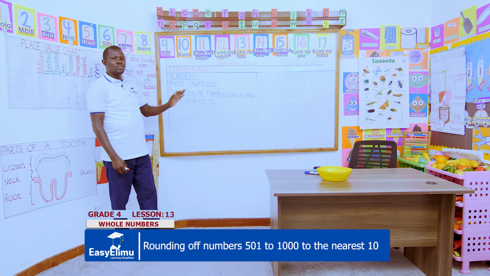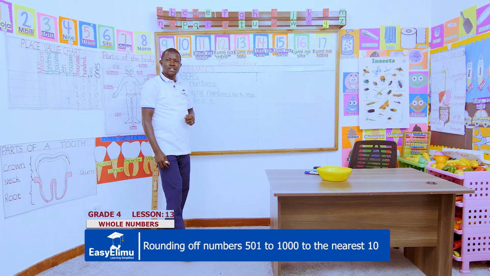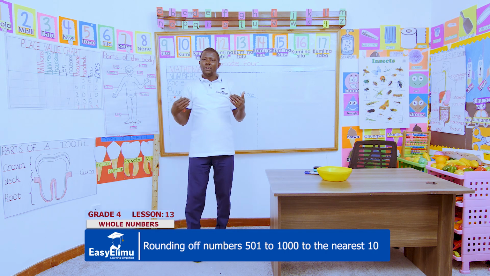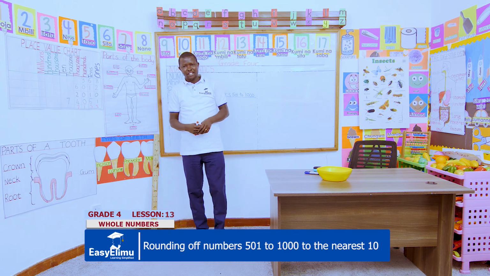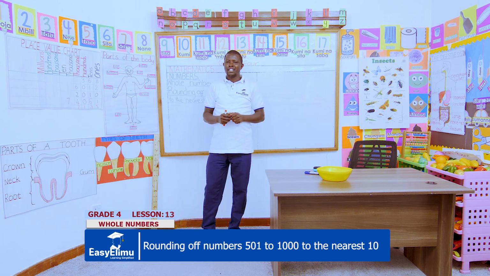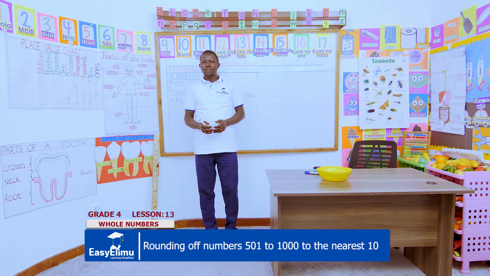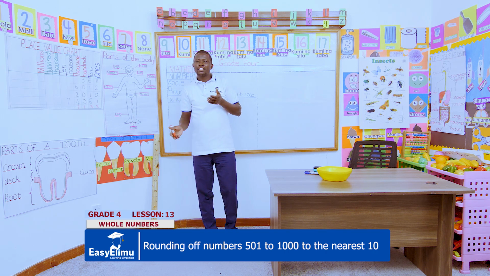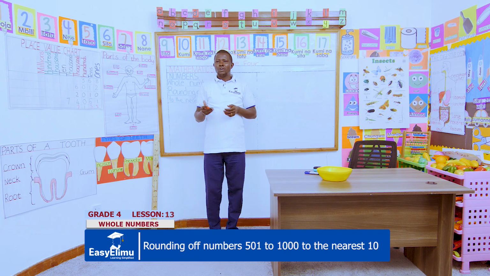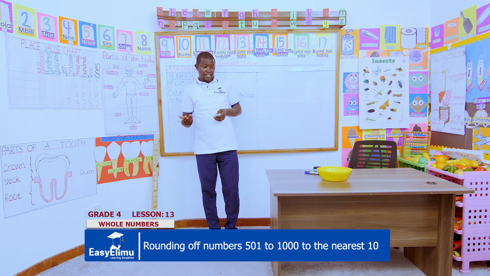As we do this, let us remind ourselves of our previous lesson, when we were rounding numbers from 101 all the way to 500. In our rounding off, we were looking at whether the number is nearer to the next number in tens or the number below it in tens.